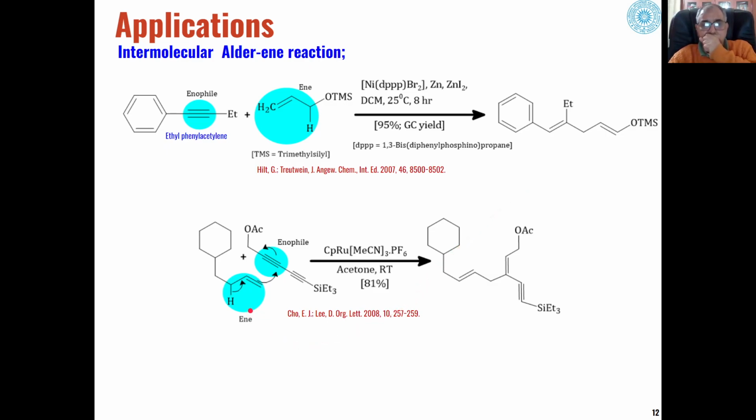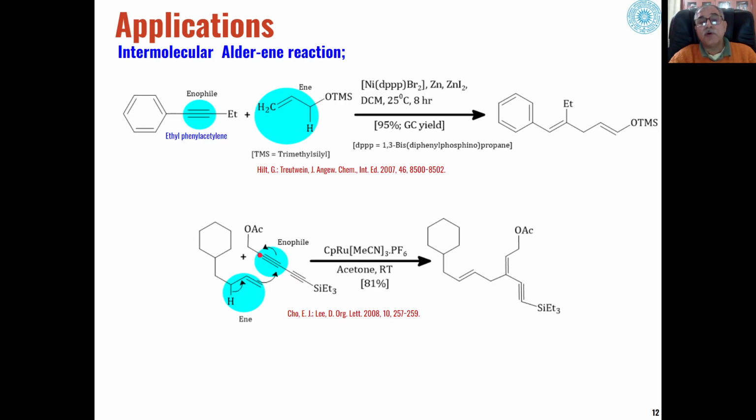Similarly, if we are having this ene system and we have two types of alkynes present, where one alkyne is substituted by a triethylsilyl group and the other by the ester group, then the reaction will preferably take place at the alkyne which is present at the end of the ester.